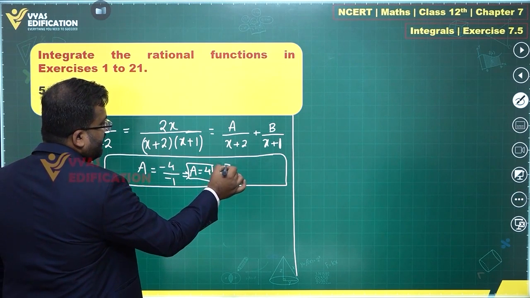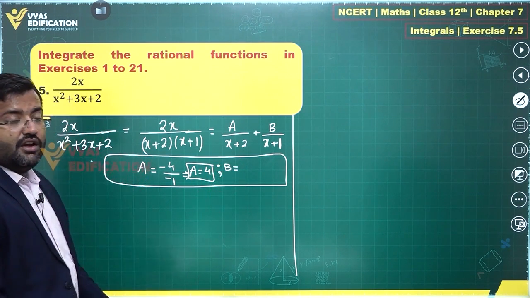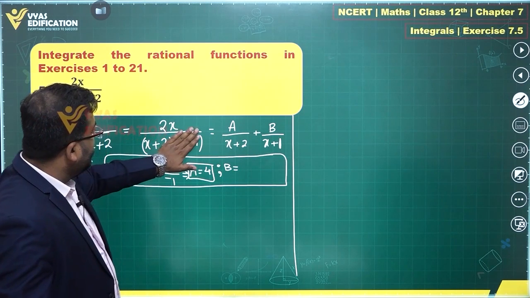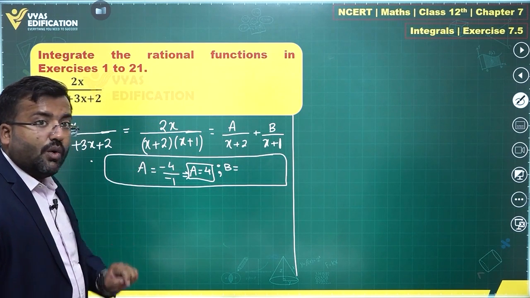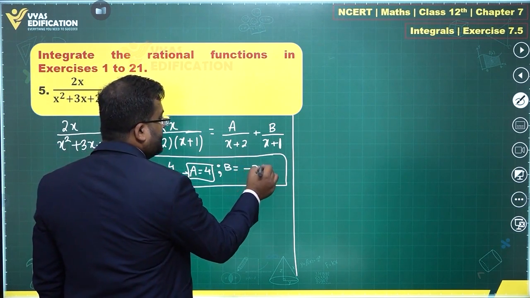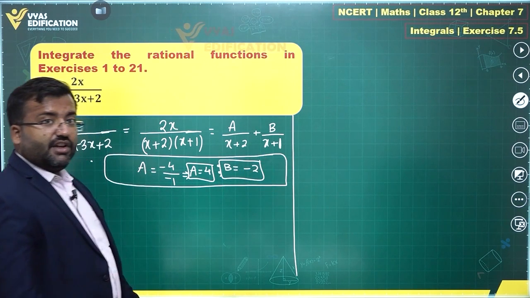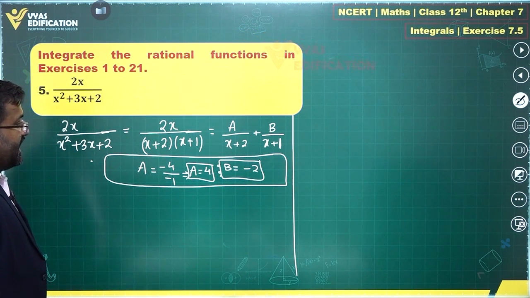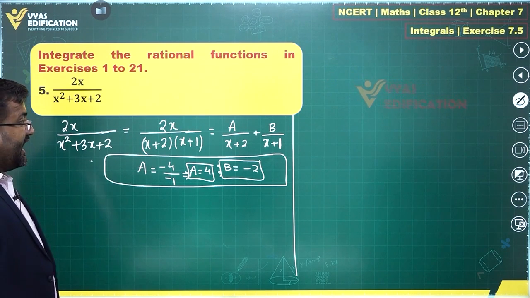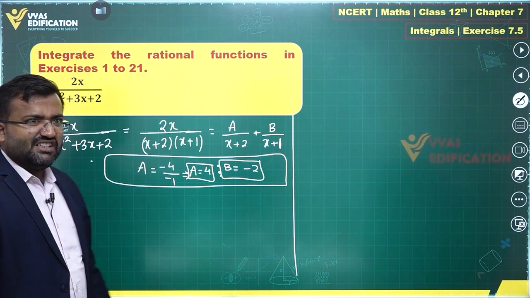What about the value of b? We'll put x equal to minus 1 by removing this. This is minus 2, this is 1. So, b equals minus 2 actually. Very interesting. So, a equals 4, b equals minus 2 is what I get, and this is a shortcut approach, right?